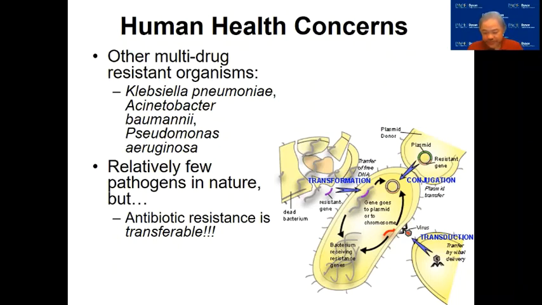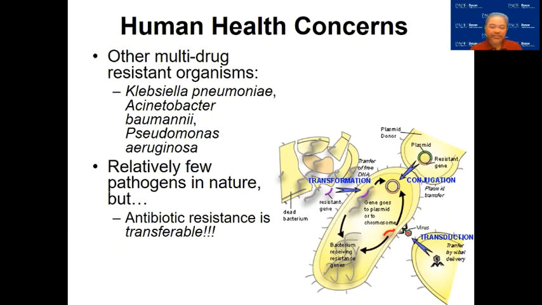And this is thought to be the main mechanism of horizontal gene transfer. So this is conjugation, just the transfer of plasmids. That's just one way of developing resistance.